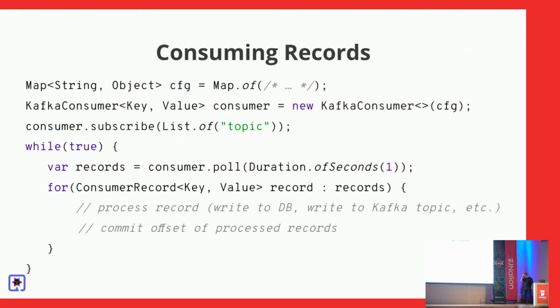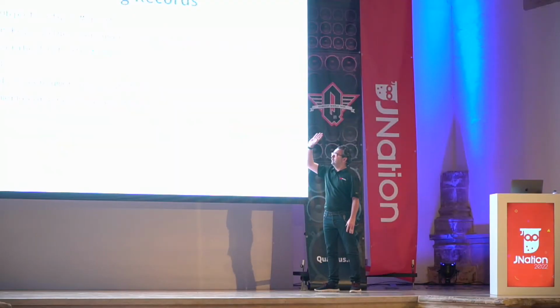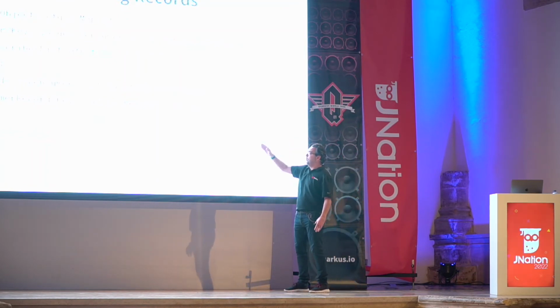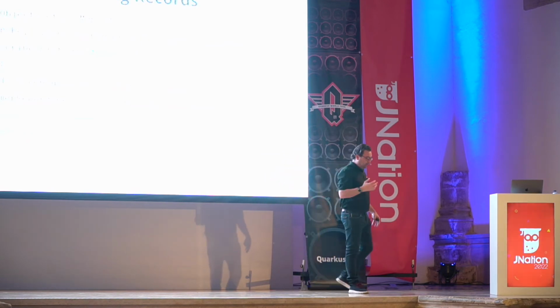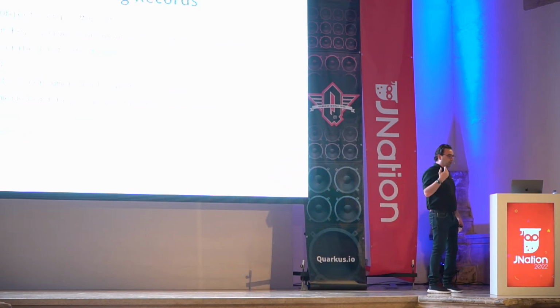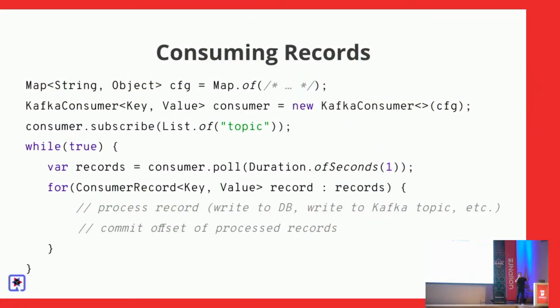We were surprised by such kind of behavior. You can say, well, consuming is easy. Consuming is easy because if you follow the rules, you will do something like that. You have your map, you create a consumer, you subscribe to a topic, and then it's written like this. You do a while true, you poll, you set your poll to 1 second, or whatever time you want, which means that after 1 second, it will return the batch of records.